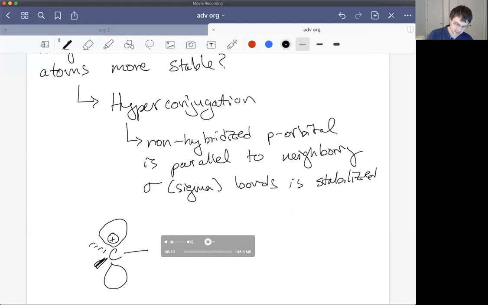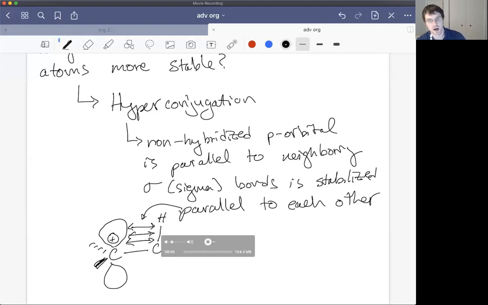Now, what I'm saying is let's take a pair of electrons and put them in a sigma bond next door to that carbocation vacant p orbital. These two things, the bond with the two electrons and that vacant p orbital, are parallel to each other. So the negative charge of the sigma bond neighboring that non-hybridized p orbital is parallel, and what it's able to do is provide a very subtle, super weak stabilizing interaction to dissipate its electron cloud.